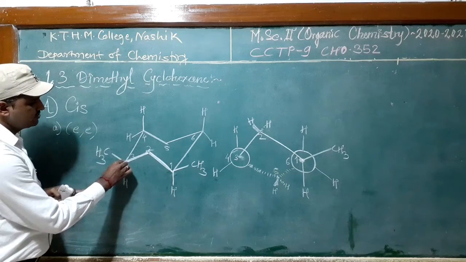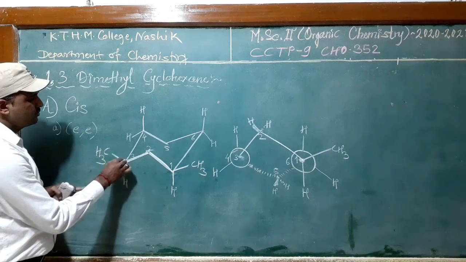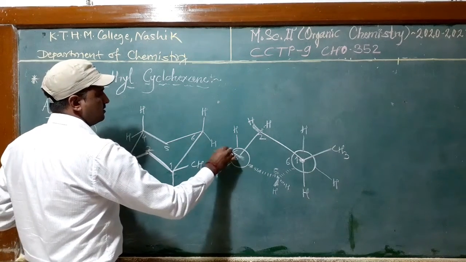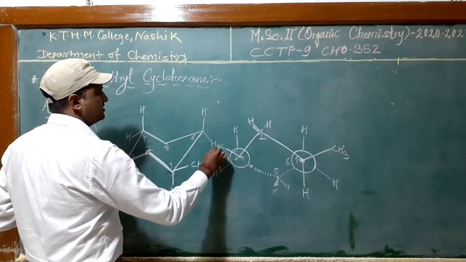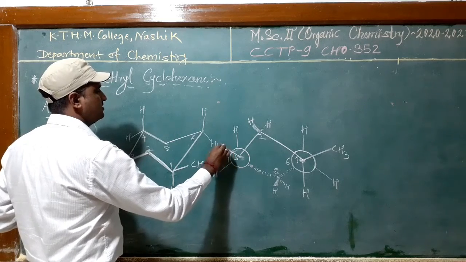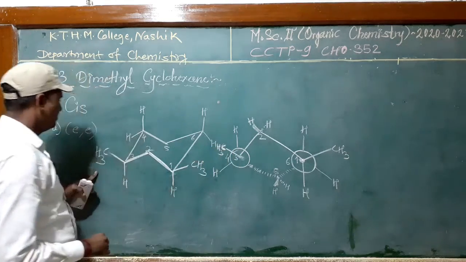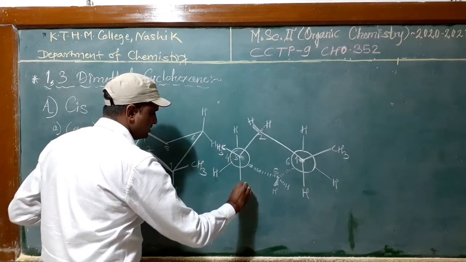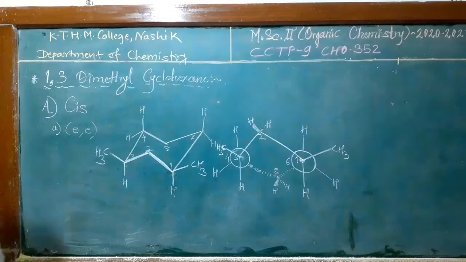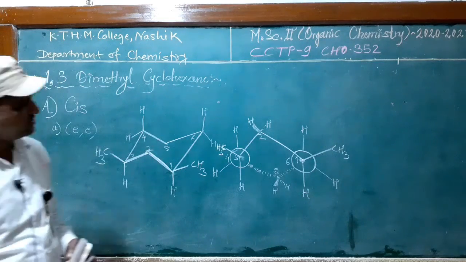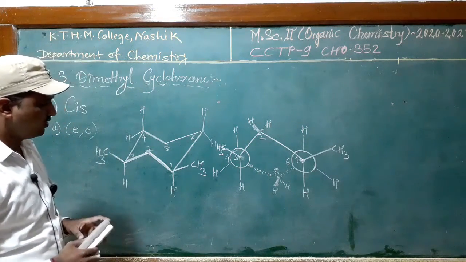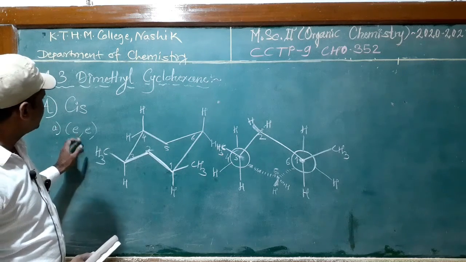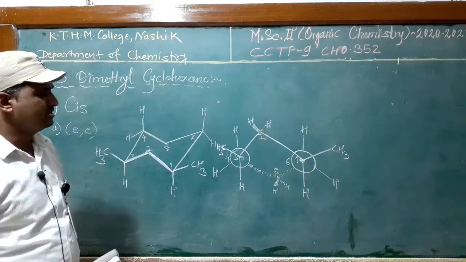This carbon number 3 has an equatorial position left hand side CH3, like this, and downwardly has this axial hydrogen, like this. So this is the overall representation of the Newman's projection of the equatorial cis conformation of 1,3-dimethyl cyclohexane.